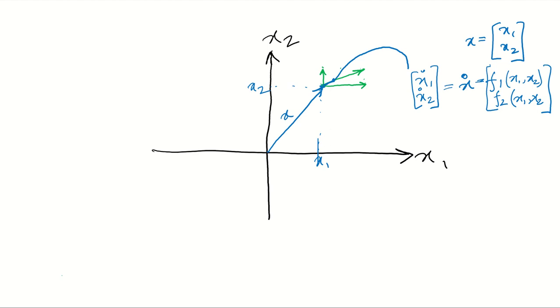In this space, I can keep plotting the x1, x2 values as time evolves. I can start from any position, and with the knowledge of x1 dot and x2 dot, I can figure out what my next position will be. In that way I can plot an entire trajectory within this state space.